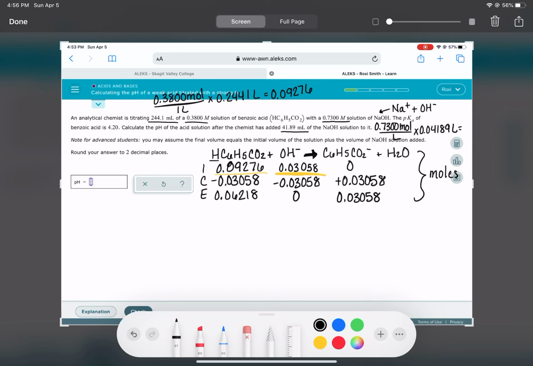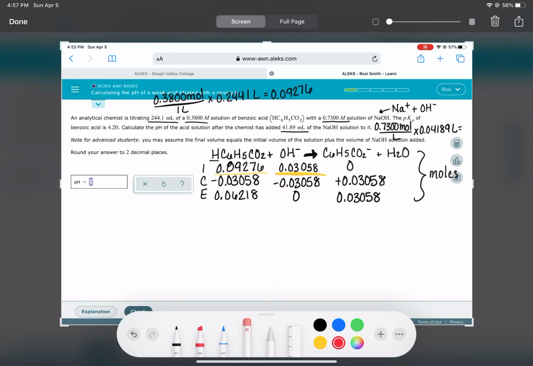On the worksheet, we did a problem like this. So when we get to this point in this type of calculation, we've got 2 possibilities. If we have hydroxide present, then we use it to calculate the pH, and that's what we had in the last ALEKS problem that I did for you.